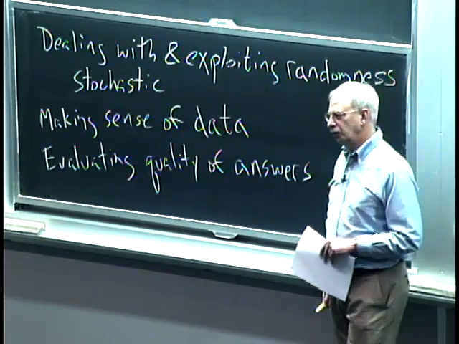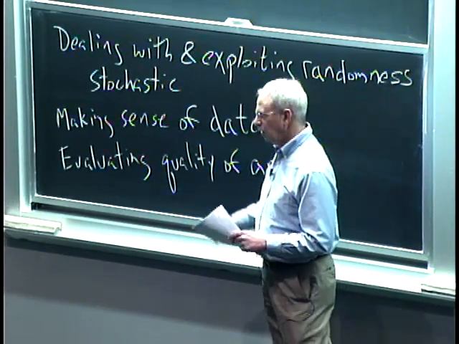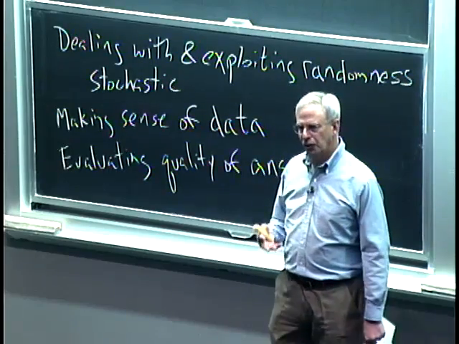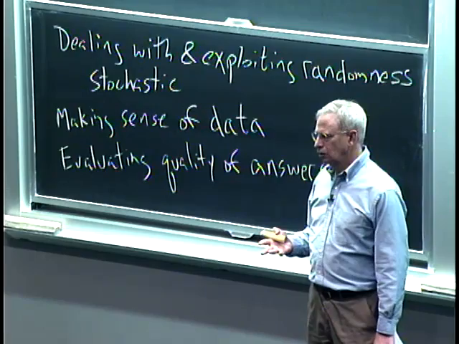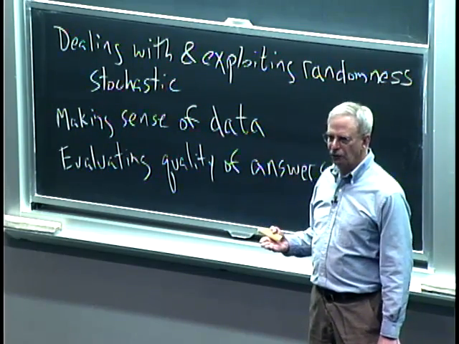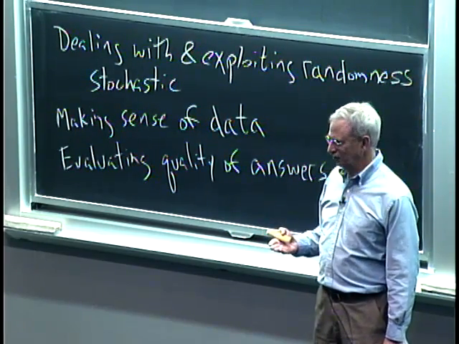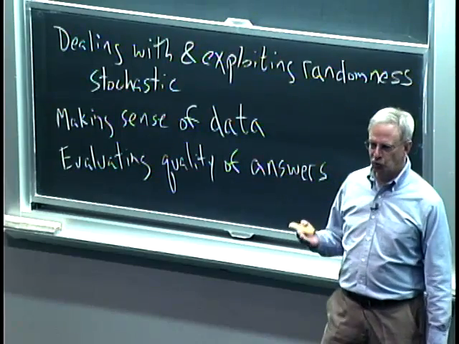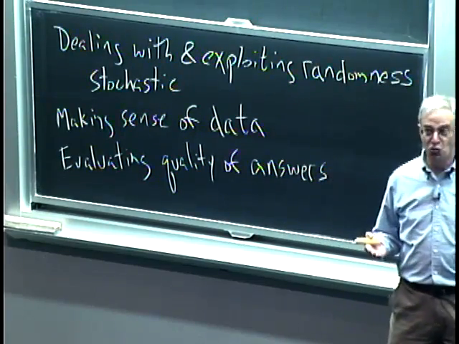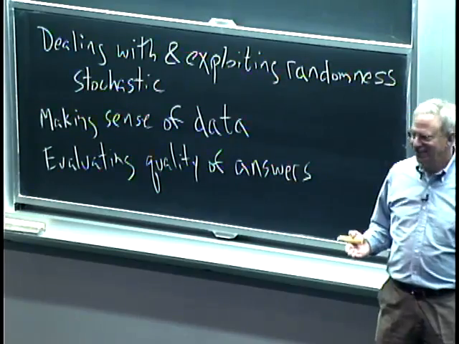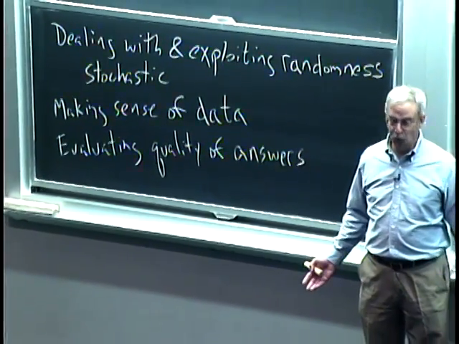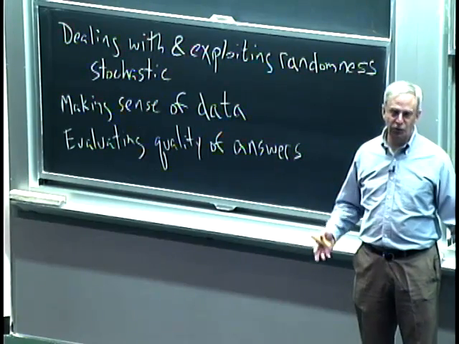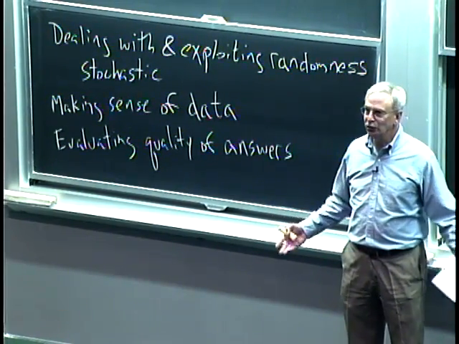So we're going to look at the question: you've written a program to do something relatively complicated, and you get an answer out. You wouldn't have written the program if you knew what the answer was in advance. Right? This is not like a high school physics experiment where you know what the answer should be. Here, you went to the trouble of writing the program because you didn't know what the answer was. Now the program gives you an answer. Should you believe it or shouldn't you believe it?